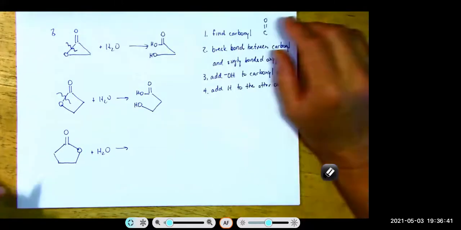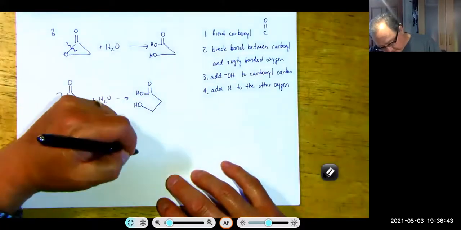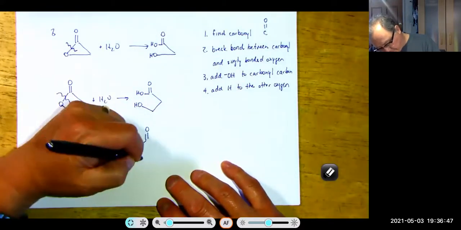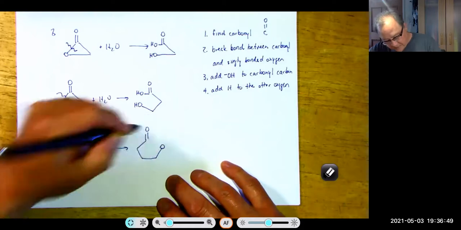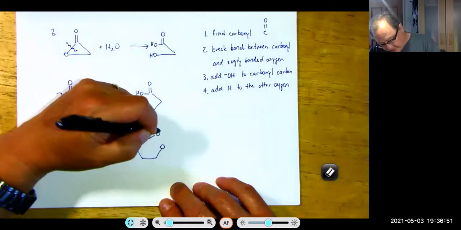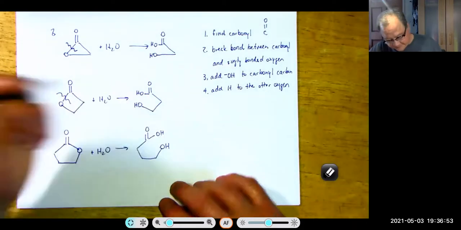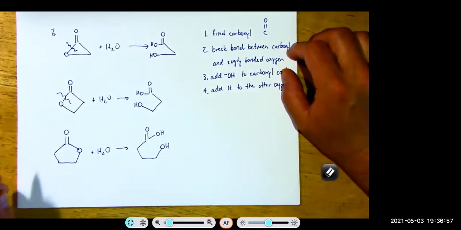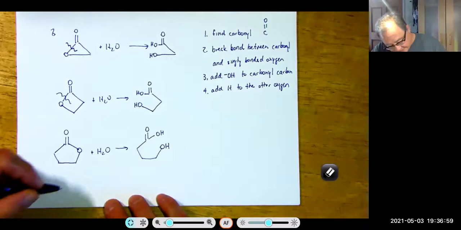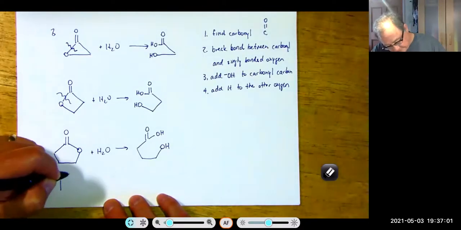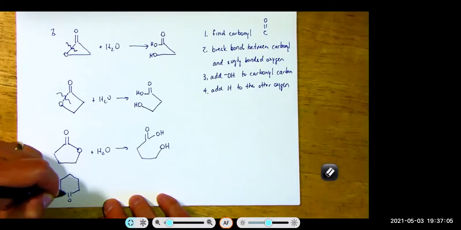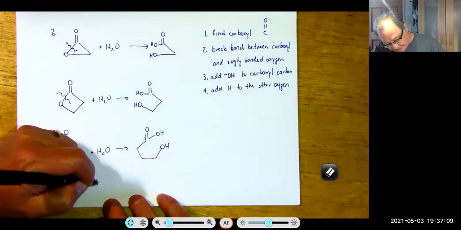Okay, so this is what I get. I'm going to add the OH here and the H there. Did you get something similar? Yep. Excellent. Now I want you to draw the next one like this. We're drawing it upside down, so to speak.